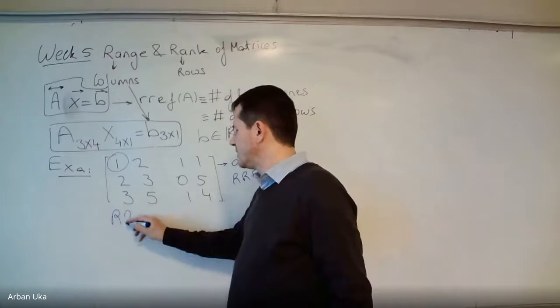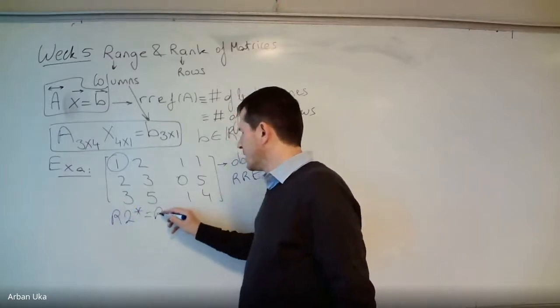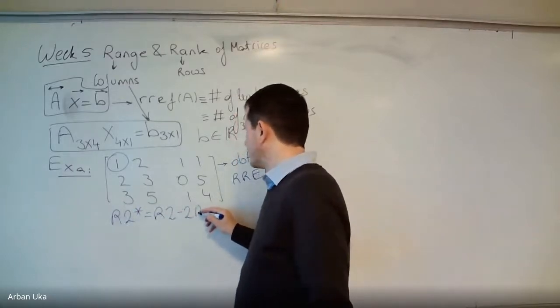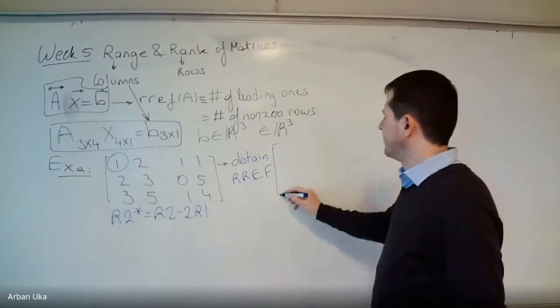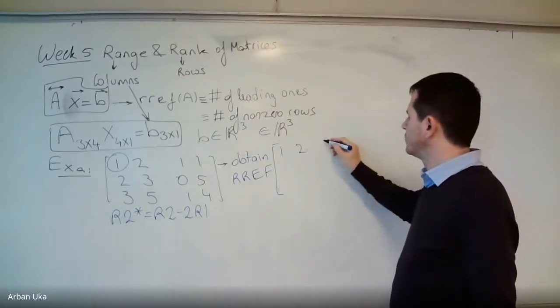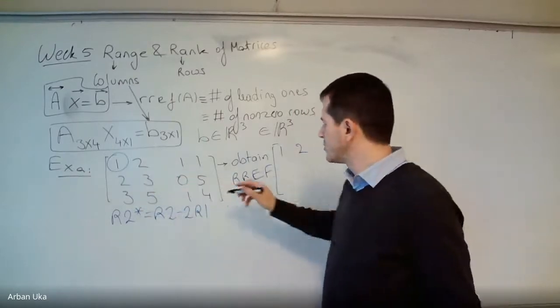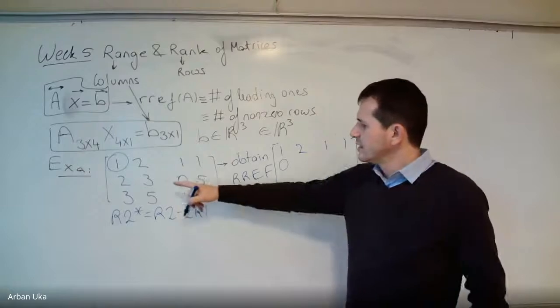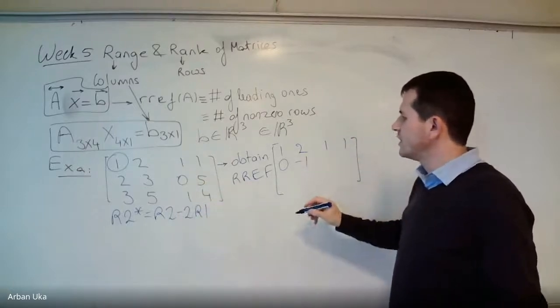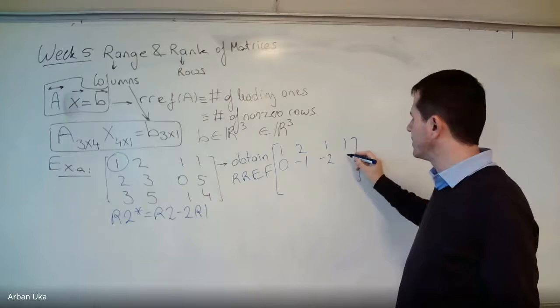We can write row 2 star, which is row 2 minus 2 row 1. The first row does not change: 1, 2, 1, 1. And then here we have 2 minus 2, 0, 3 minus 4 is minus 1, 0 minus 2, minus 2, 4 minus 2, 3.